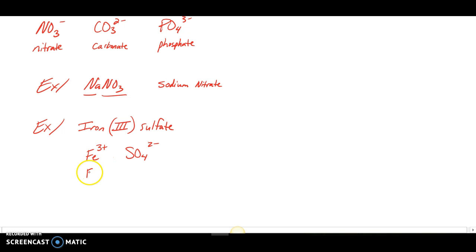If we have 2 irons and 3 sulfates, we've got 6 pluses and 6 minuses. So Fe2(SO4)3. I can't just have the 3 next to the 4 because now it looks like there's 43 oxygens. So what we do is we put the sulfate in parentheses.